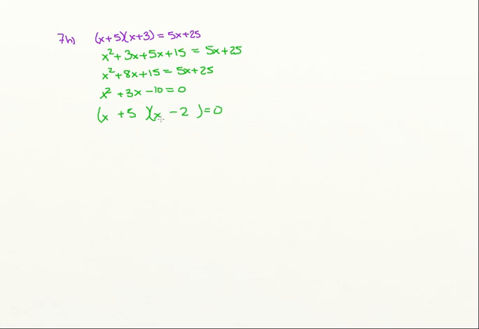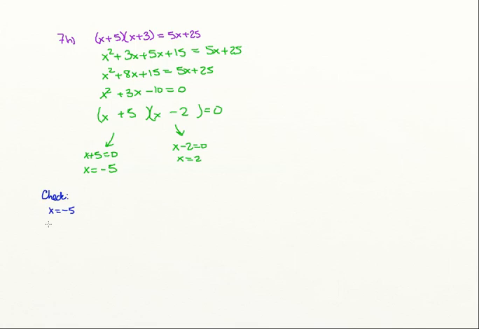X plus 5 times x minus 2 equals 0, so x plus 5 can equal 0. In that case, x is going to be equal to negative 5. X minus 2 can also equal 0. We have two possible answers, x equals negative 5 and x equals 2. Let's check.